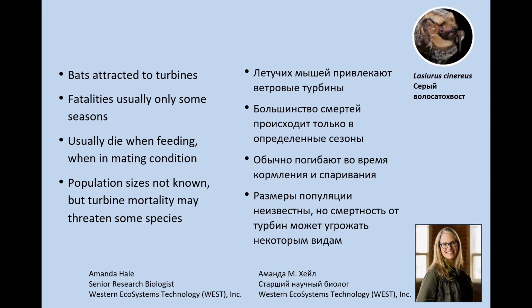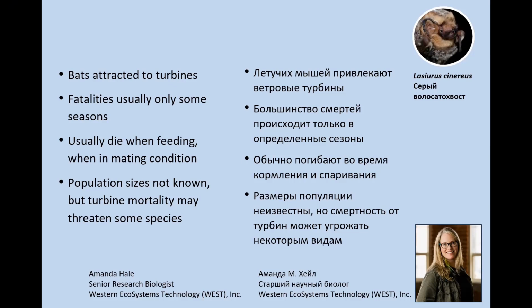So it's not all of the year. It's usually only at some times of the year. In North America, most of the fatalities are in August, maybe July and September, but usually August. Usually it's related to migration and mating. We don't know really when fatalities happen in Kazakhstan or Central Asia.